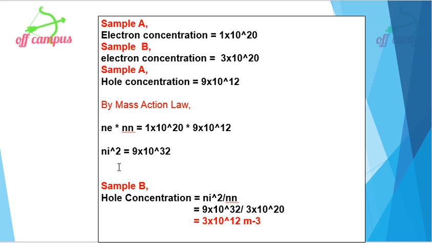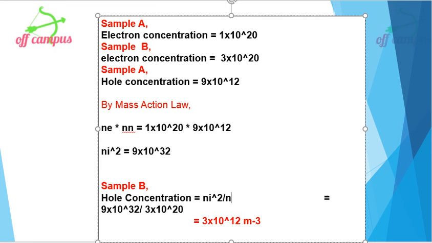So we know Ni squared. How can we find the hole concentration? For sample B, we know the electron concentration and the intrinsic carrier concentration. What is the minority carrier concentration here? Ne into Nh equal to Ni squared, because majority into minority concentration equals the intrinsic carrier concentration squared.